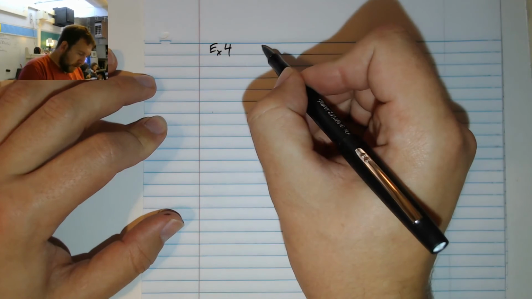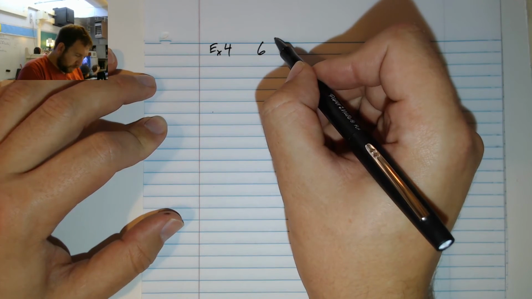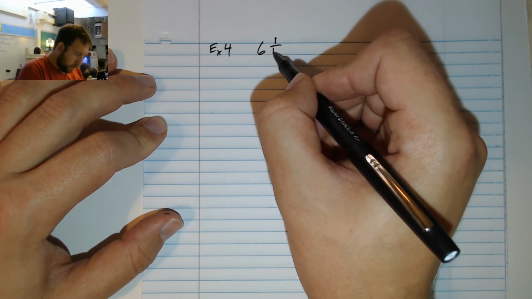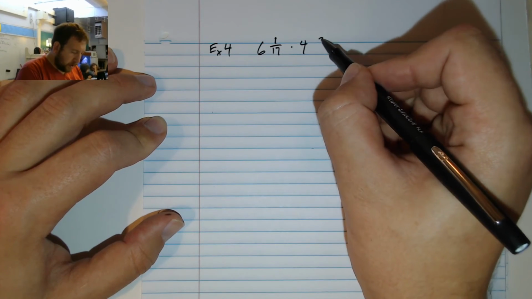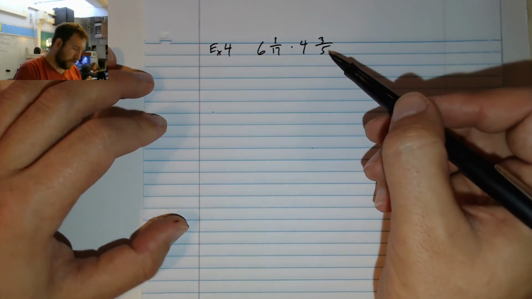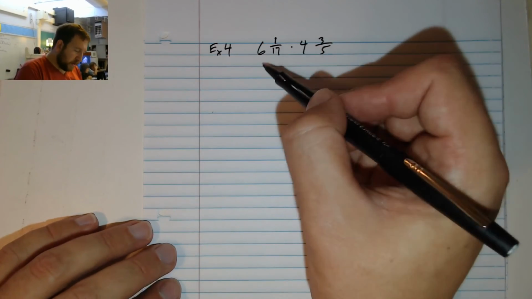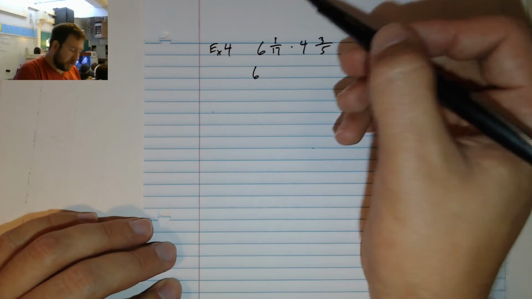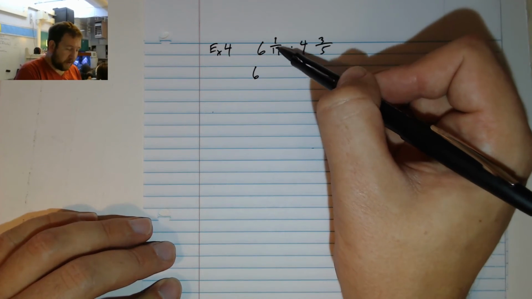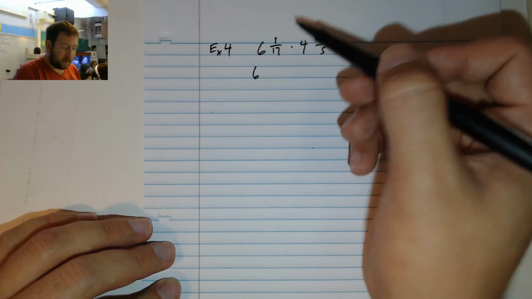We're going to say 6 and 1/17 times 4 and 3/5. Okay, so I'm going to round this. 6 I bring down. 1/17, if I need to check I can, but whenever I have 1 up here and a big number down here, that means a really small slice.